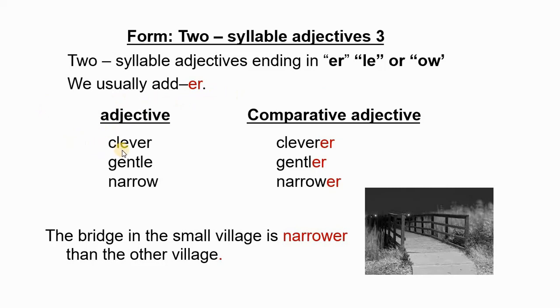Example here, clever becomes cleverer. Gentle, gentler. Narrow, narrower. Example: the bridge in the small village is narrower than the other village.